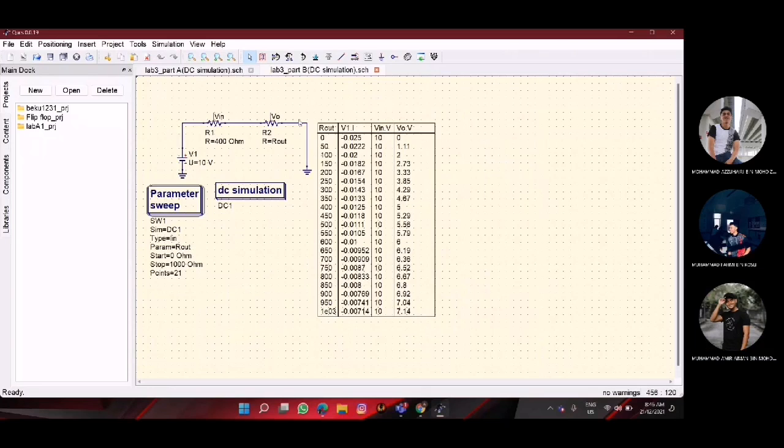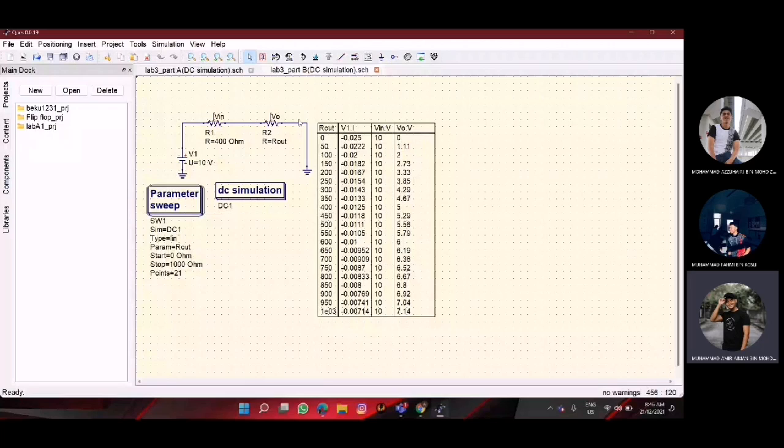So we can conclude that when we have a parameter sweep, we have a long range that is needed. I give you some example.